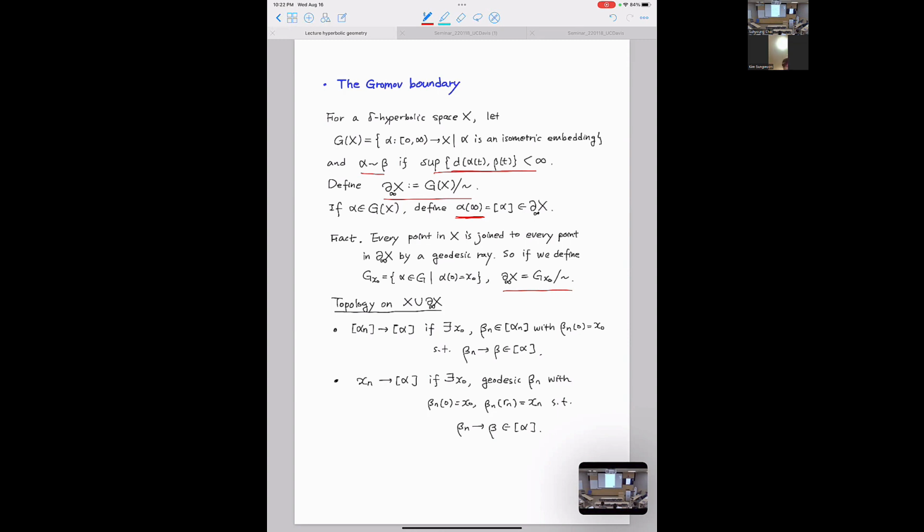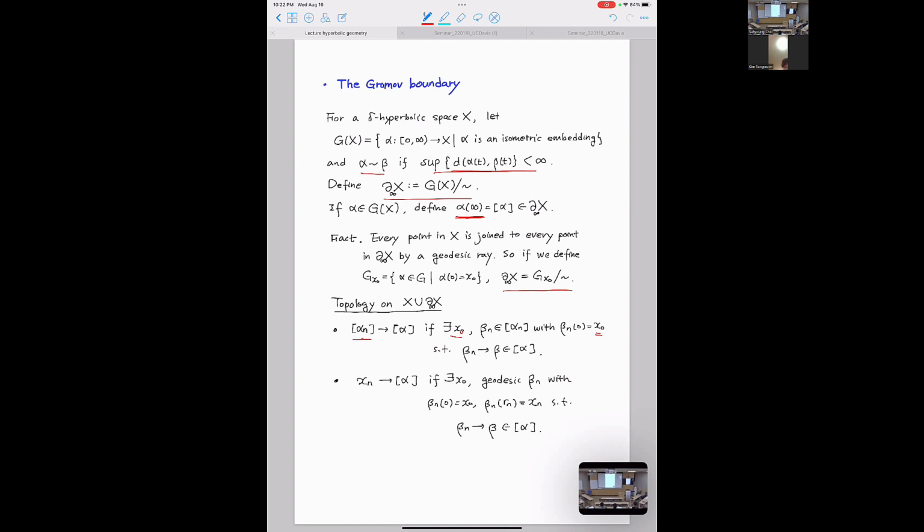Then you can define the ideal boundary of a Riemannian space. And then we topologize X union the group boundary of X, like this. So alpha n is a sequence in the group boundary. This sequence converges to alpha means that there is a base point x naught, and there is beta n, a geodesic ray starting at x naught, and the beta n represent the equivalence class of the alpha n.